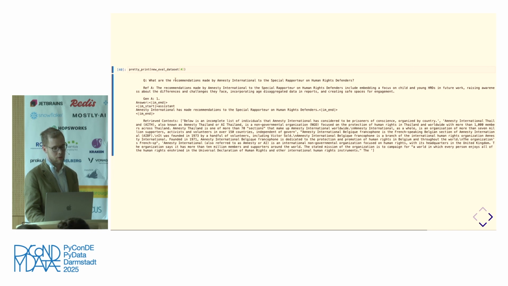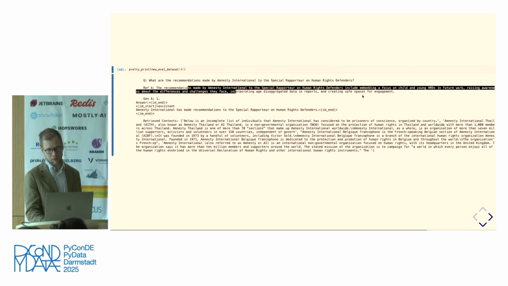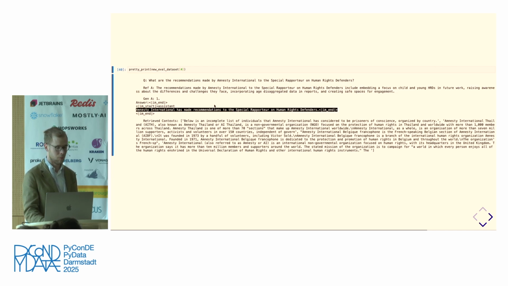Here, there's: what are the recommendations made by Amnesty International to the Special Rapporteur on Human Rights Defenders? The recommendations are to focus on child and young HRDs in future work, raising awareness about differences and challenges they face. And here, the model kind of just says, yeah, Amnesty International has made the recommendation, so a kind of tautological answer.